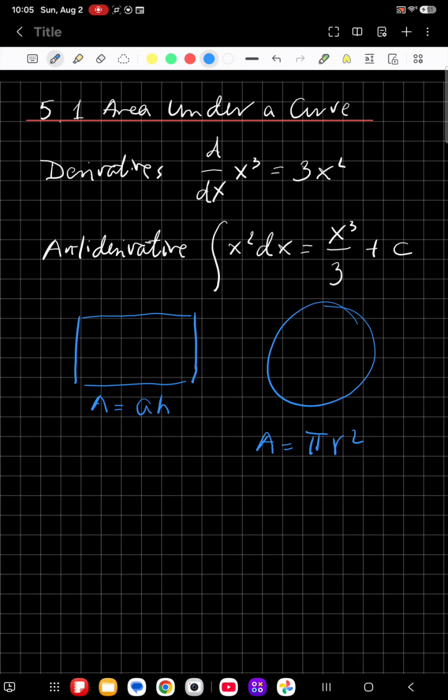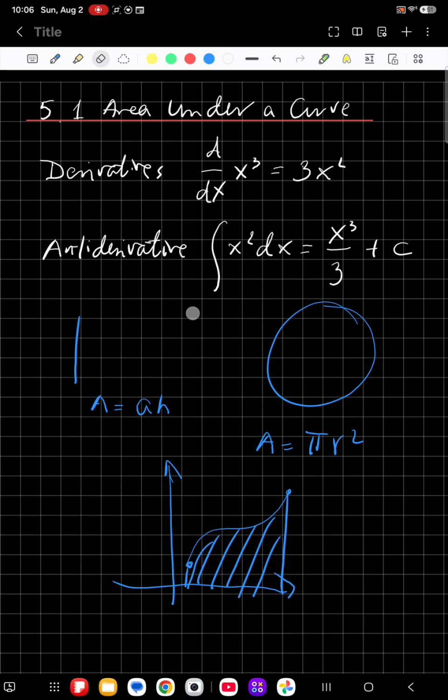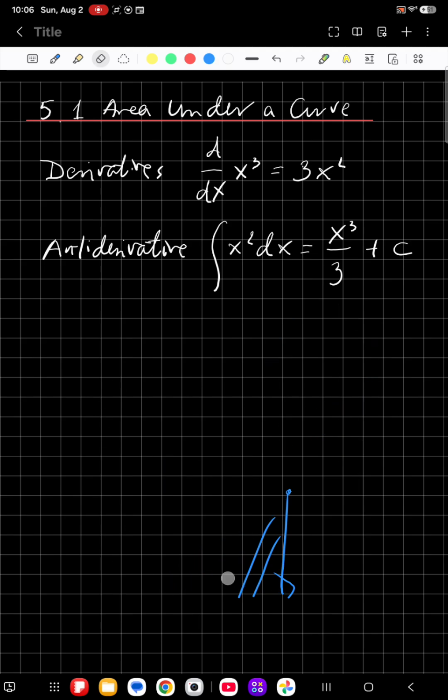If we had just a random curve, and we wanted to calculate the area between that curve and the x-axis, that would seem quite difficult, and we would not know how to do it.